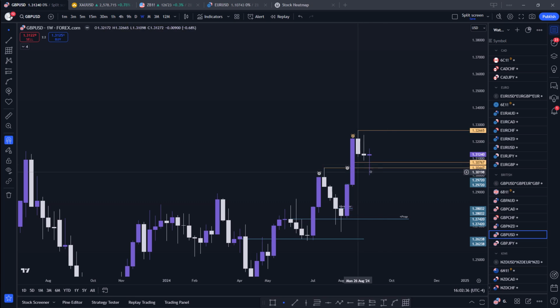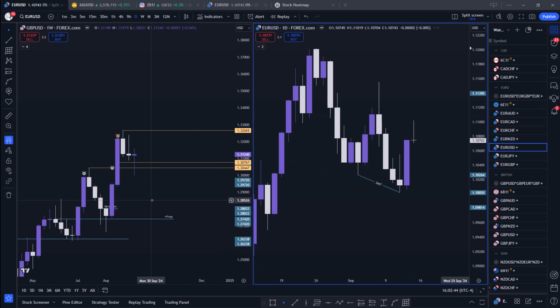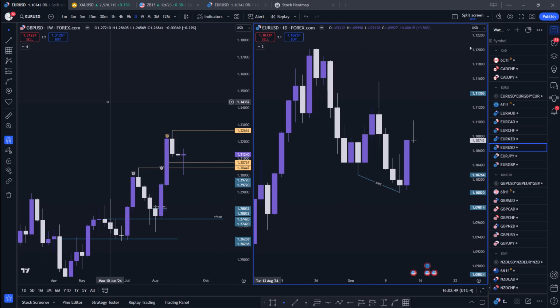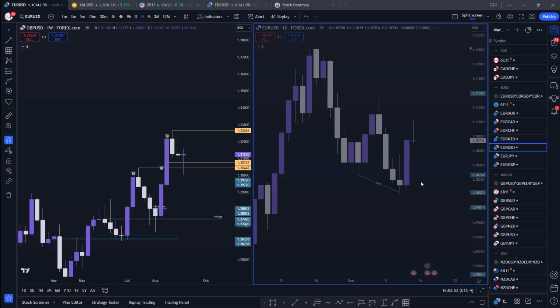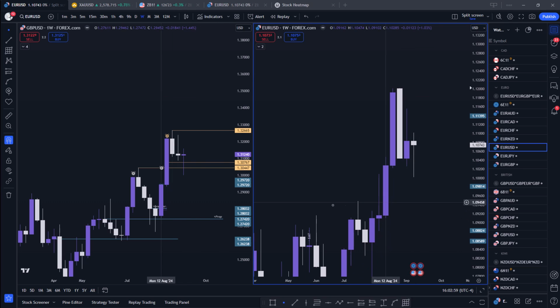One thing that I find interesting, if we split the screen again, is that we also have an SMT. Let's move up to the weekly time frame between the two correlated assets.